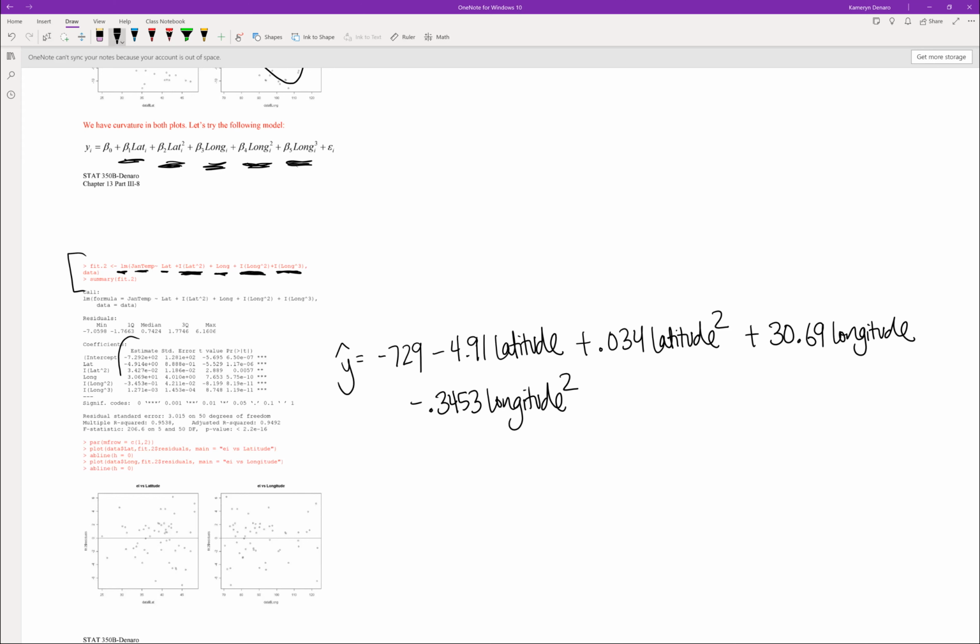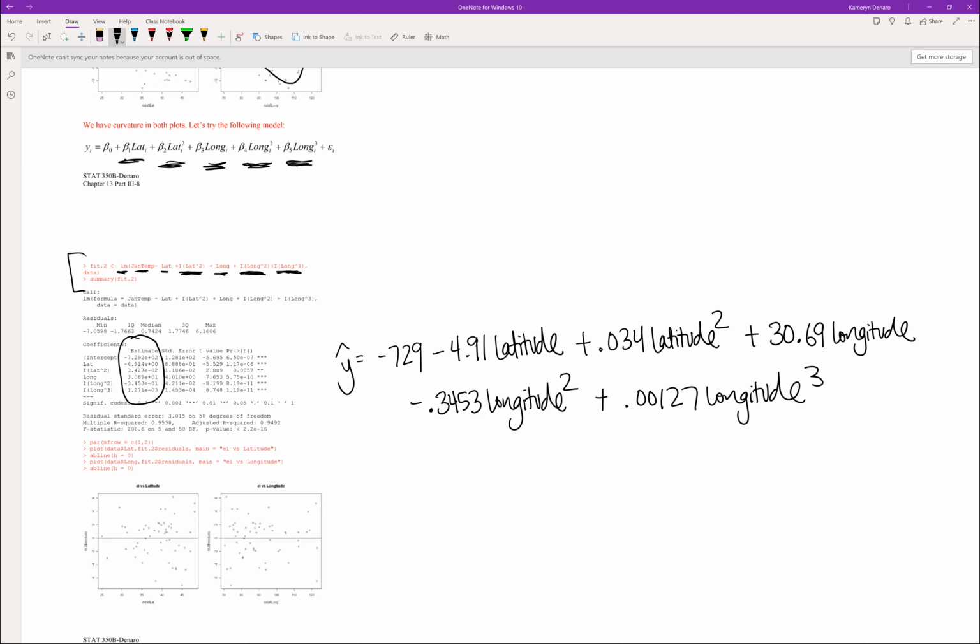And plus 0.00127 times longitude cubed. All right, so then if we know the latitude and longitude, we could predict the January temperature.